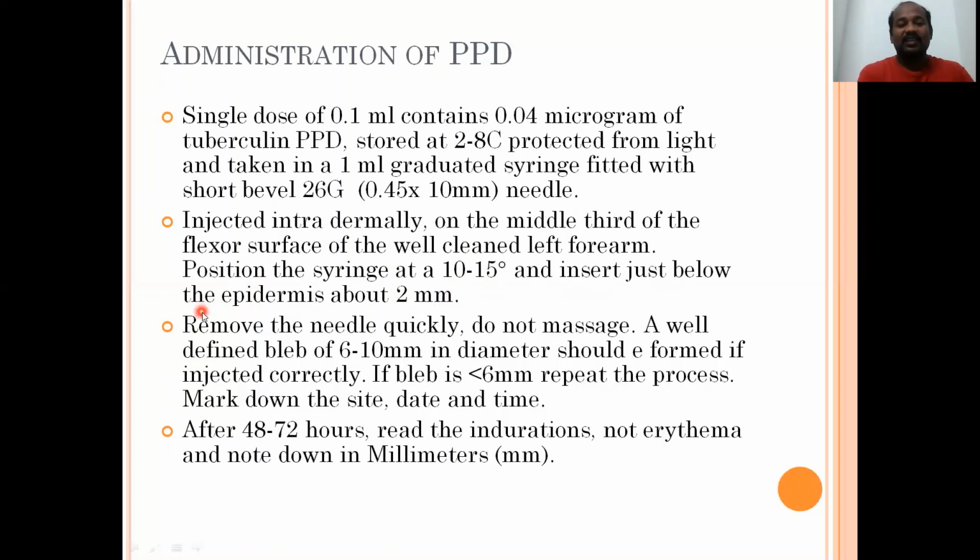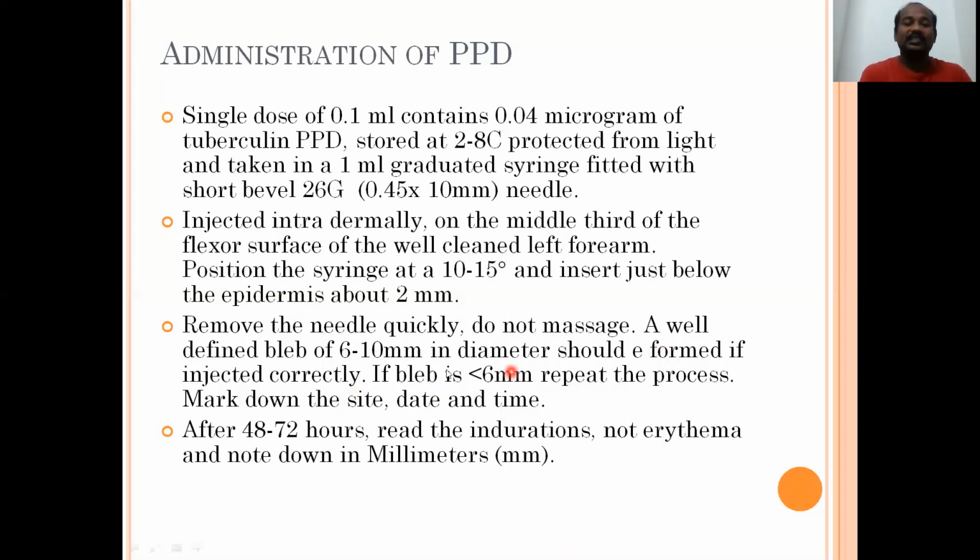Immediately after injection, remove the needle quickly and do not massage. After injection, a well-defined bleb of 6 to 10 millimeter in diameter should be formed if the injection is given properly. If the bleb is less than 6 millimeter, then you need to repeat the process.